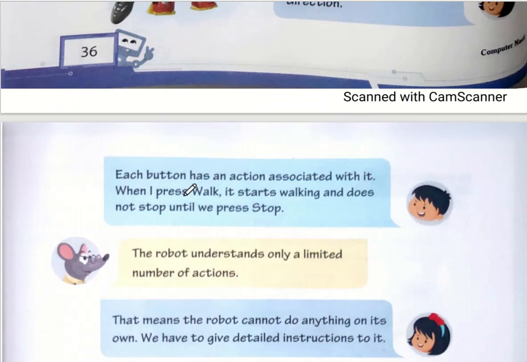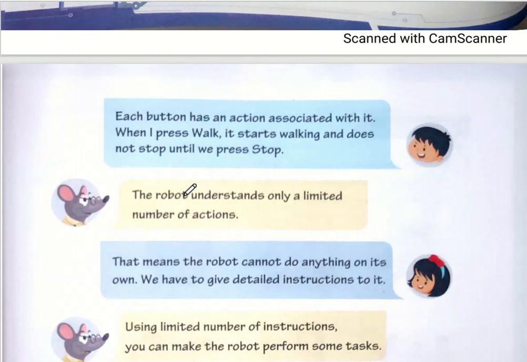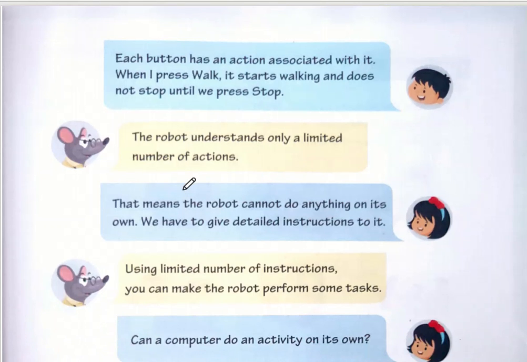If we press the button to start a car, it starts moving, or if we press stop, the car will stop. So these are simple machines that understand what actions they have to perform.